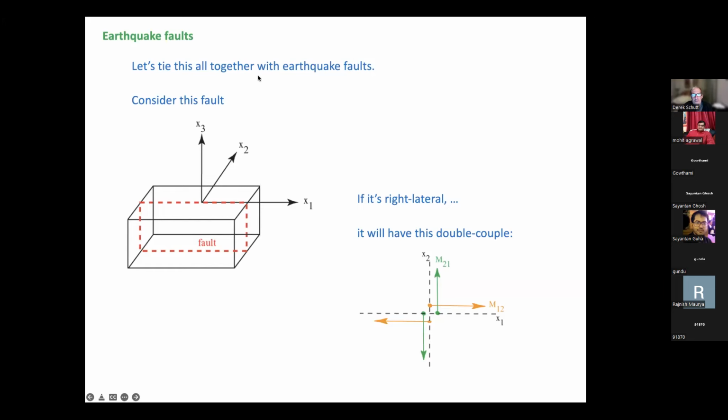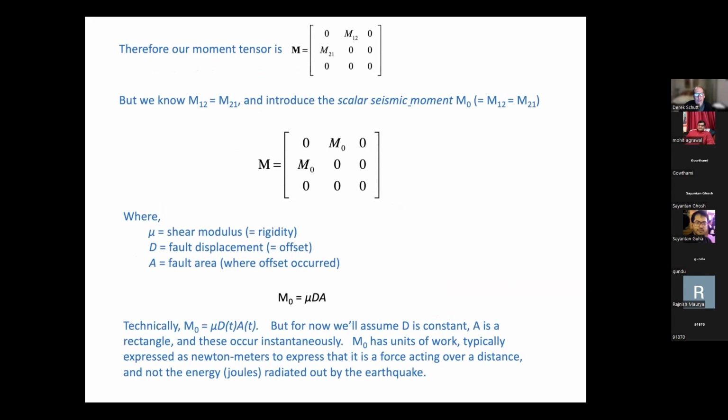So let's tie this all together with earthquake faults. If this is a right lateral earthquake, it will have this sort of double couple. And our moment tensor will be M sub 1,2 and M sub 2,1. And M sub 1,2 and M sub 2,1 will have to equal each other to prevent net rotation.